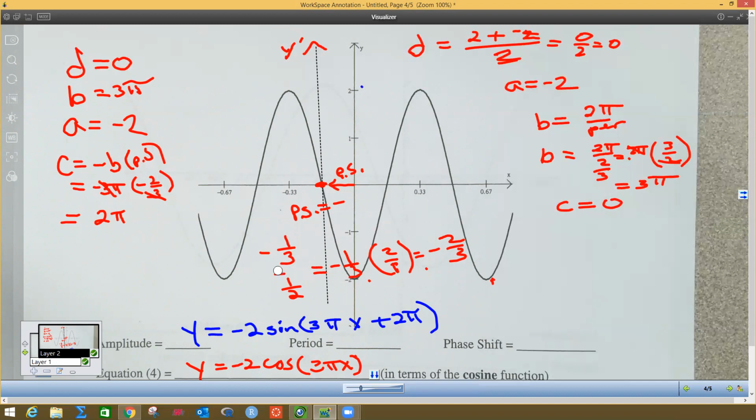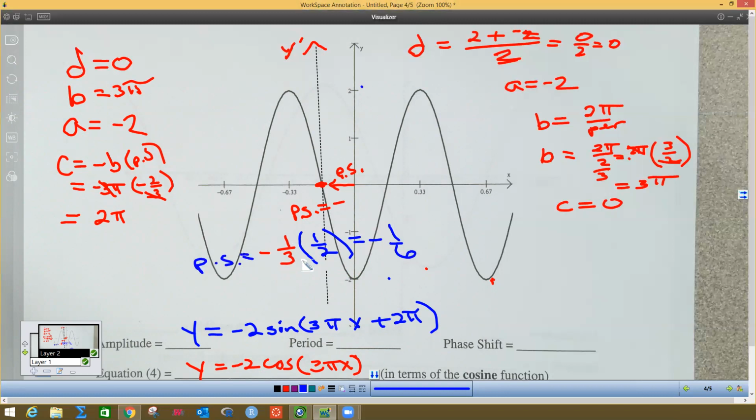Anybody know? Anybody tell me what of means in math? You got taught this back in about 5th grade probably. Yep. Multiply. We didn't divide by a half. We needed to multiply by a half. So our phase shift is negative 1/6. So let's go and change this to negative 1/6.